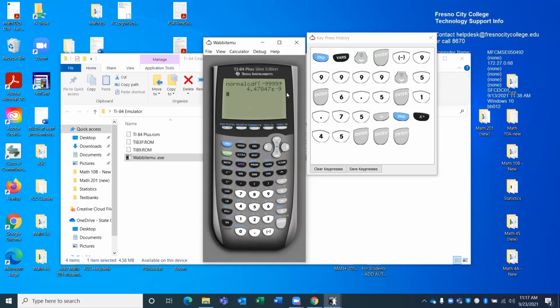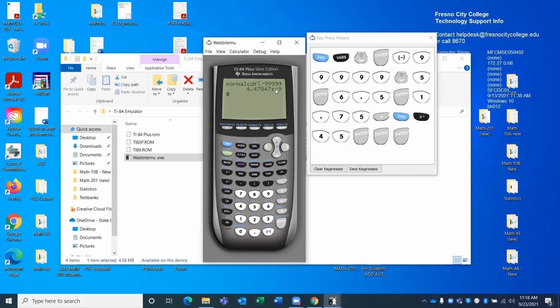So the E stands for exponent, scientific notation. I won't get into all that, but it just means move the decimal. So if it's positive 9, that's right 9. If it's negative 9, that's left 9. So whatever comes after the E, it's telling you to move the decimal that many places, positive to the right, negative to the left.